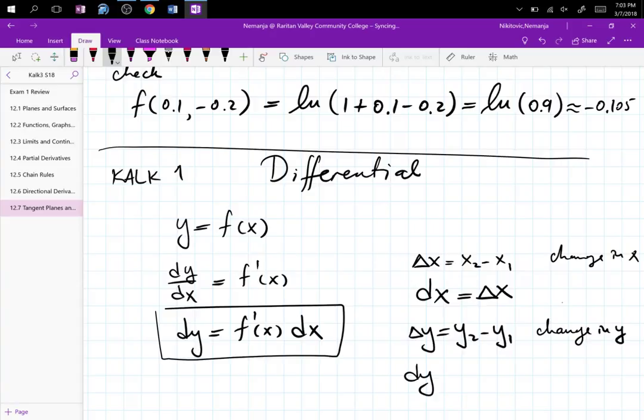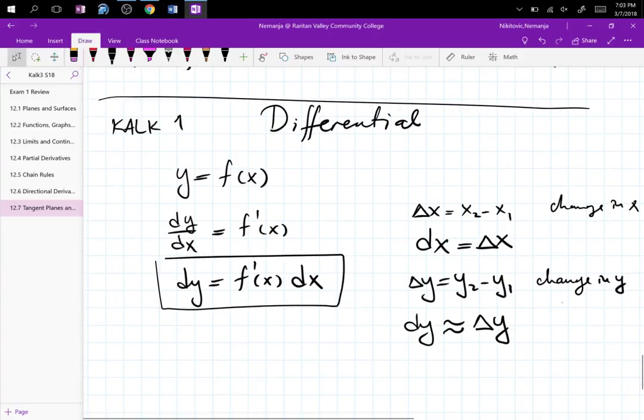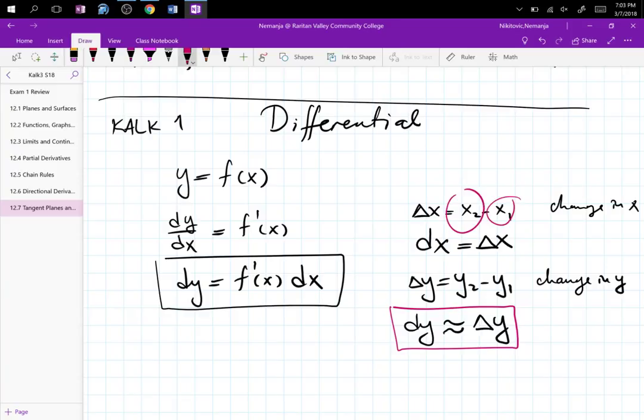And it's important to know that dy is approximately equal to delta y. That's the key point. So what does the linear approximation do? Linear approximation approximates the value. Differentials approximate the change. So not the value itself, but the change when you go from value 1 to value 2.